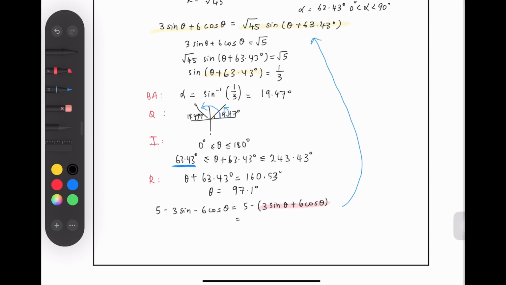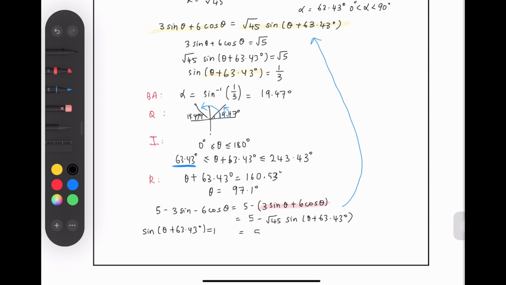So I can simply substitute root 45 sin(theta plus 63.43) over here. Let's try to substitute sin(theta plus 63.43) equals 1.